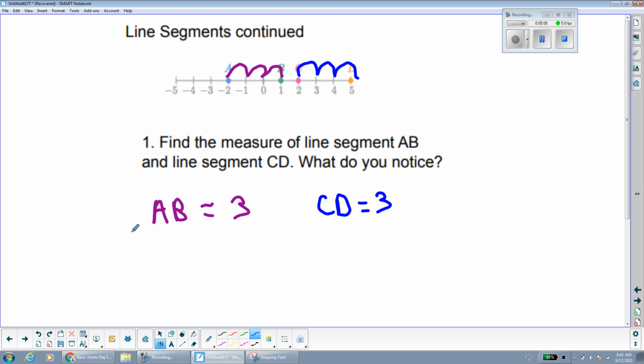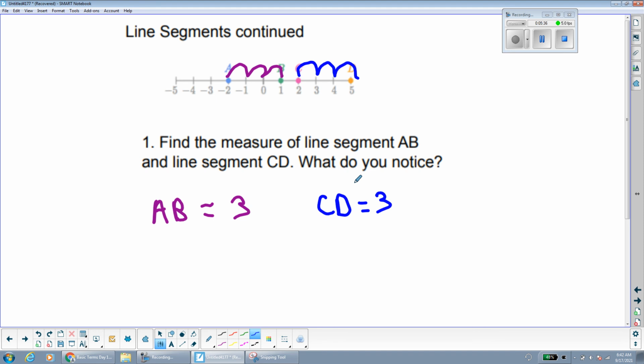So the measure of AB is equal to 3. The measure of CD is equal to 3. So notation is important. I know it could get a little bit tricky at first. When you're talking about the line segment is equal to a certain number, don't put the bar on top. When you're just talking about the line segment itself, not using numbers, put the bar on top. What do you notice about the lengths of AB and CD?